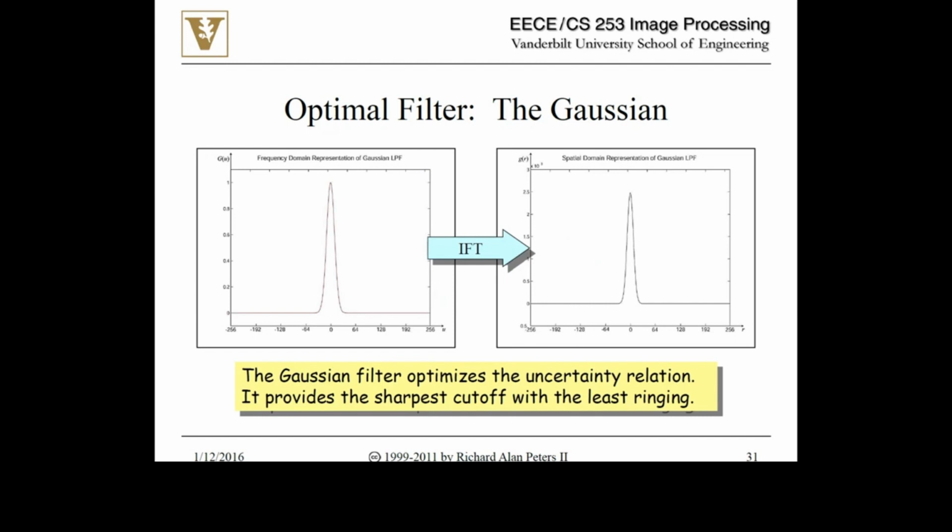But the product of the two supports is the smallest one you can have. In that sense, it is called an optimal filter. And it turns out that the Gaussian doesn't have any ringing. Not at all. The inverse Fourier transform of the Gaussian is another Gaussian.